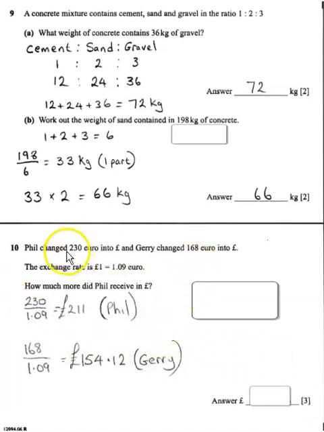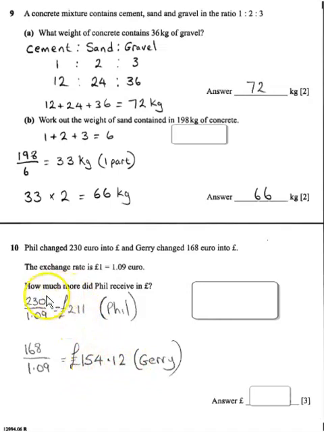So we can see that €230, if we divide 230 divided by 1.09, we'll get it in pounds. So that's £211. And we'll do the same for Jerry. So it's 168 divided by 1.09, which gives us £154.12.